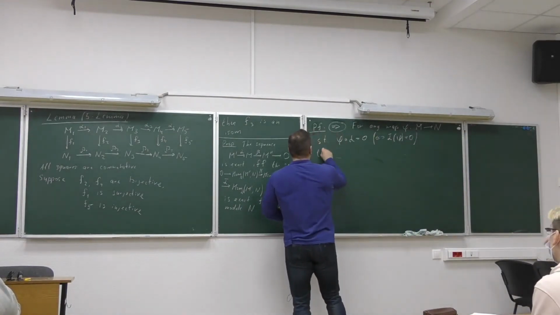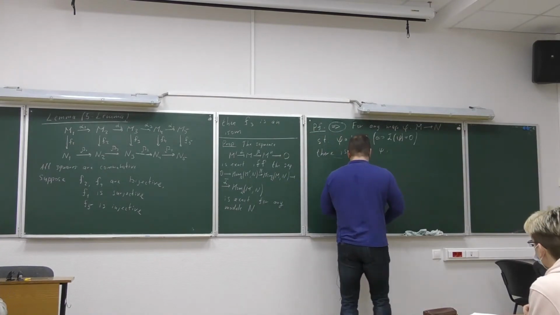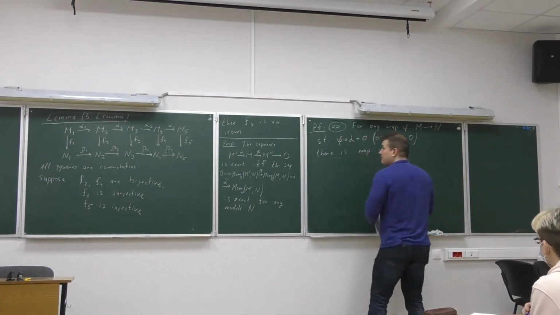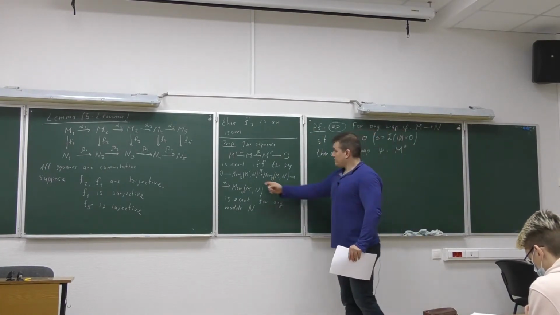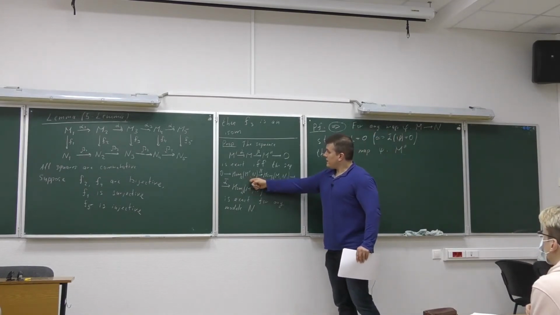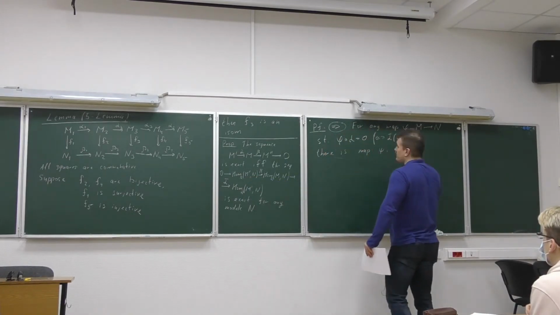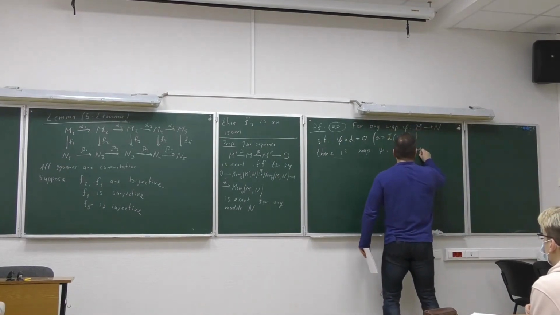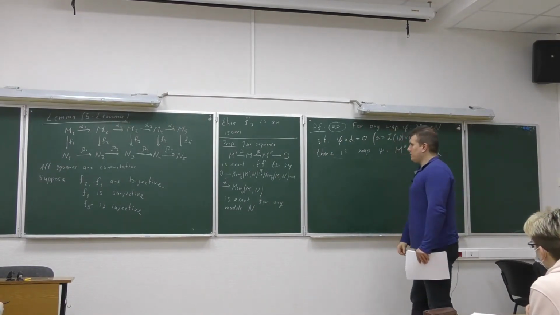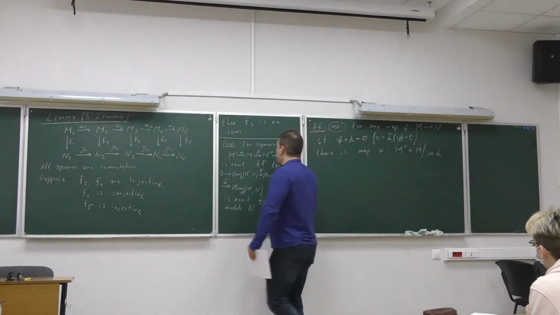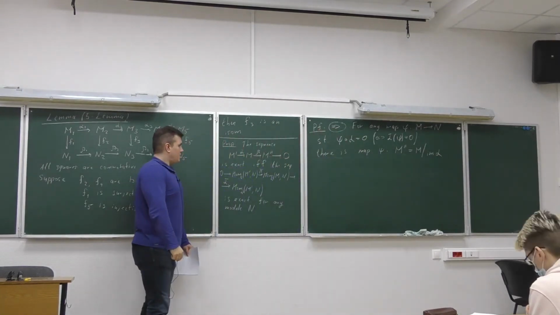Well, there is a map psi, which is a map from M double prime, and I want to construct a map somewhere here. I know that M double prime I can just say is a quotient of M by the image of the map alpha, right? This follows immediately from the exactness of the given sequence.